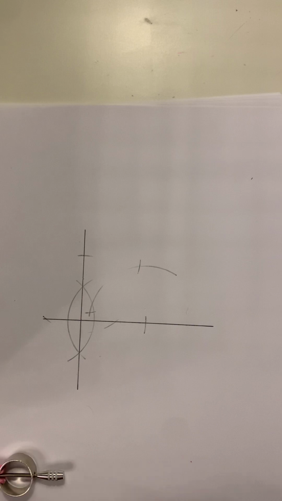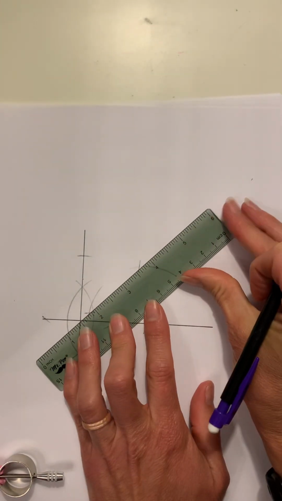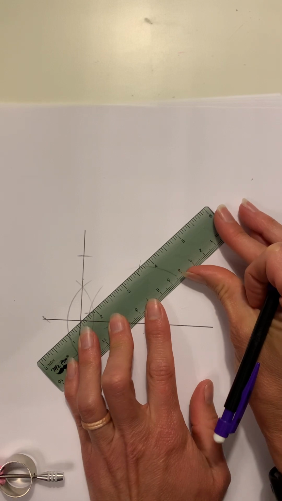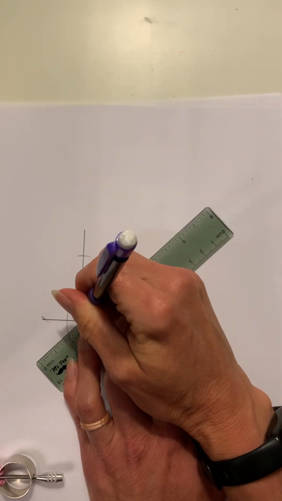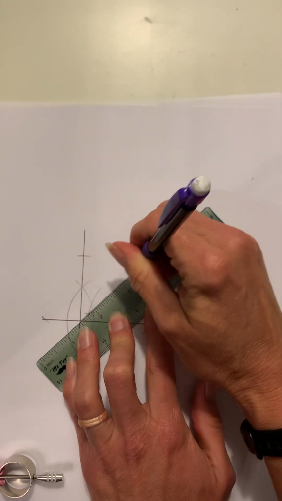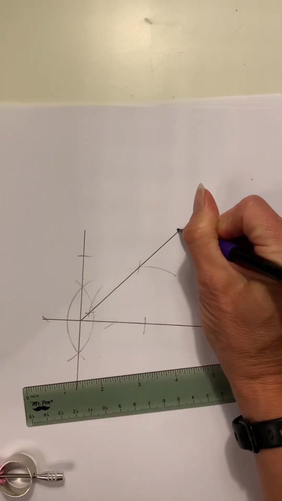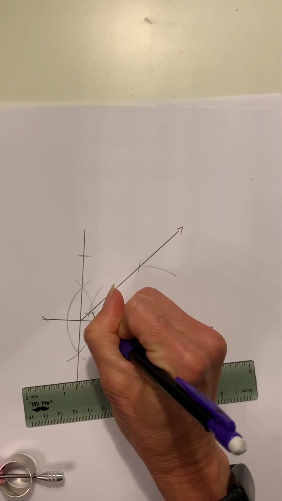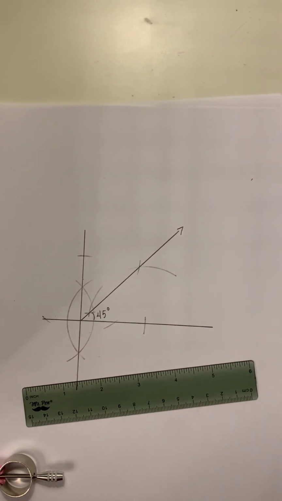I can probably sharpen my pencil. That's going to draw more accurate angles. There we go. It's going to be a 45-degree angle since that's the angle bisector of a 90-degree angle.